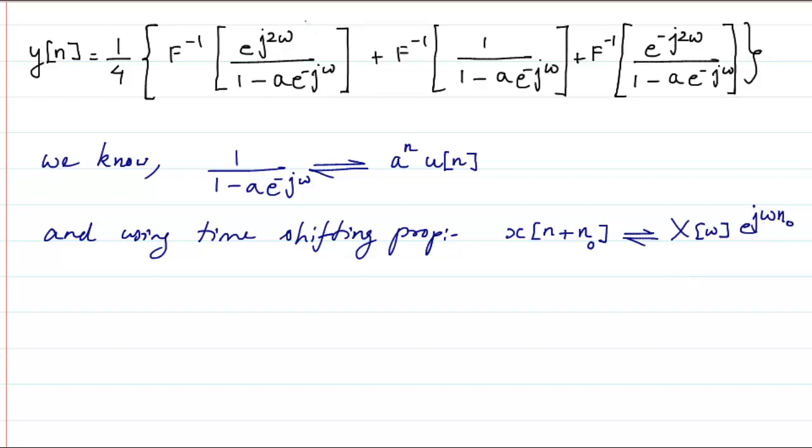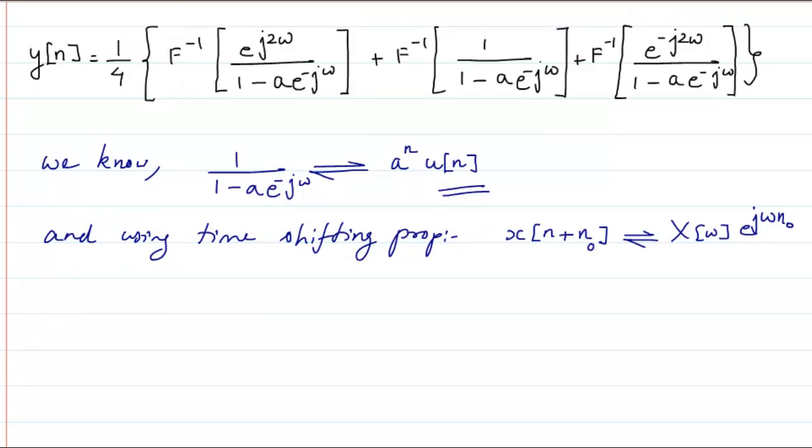So this is the extra multiplication that has taken place. This one we can write directly using this formula, and for these two cases, the function is multiplied with e raised to power j2 omega, so that means it is a time shifting case.